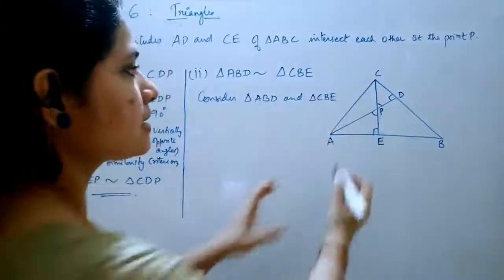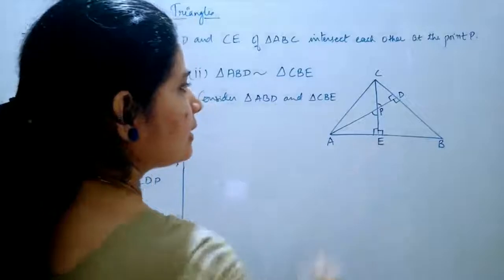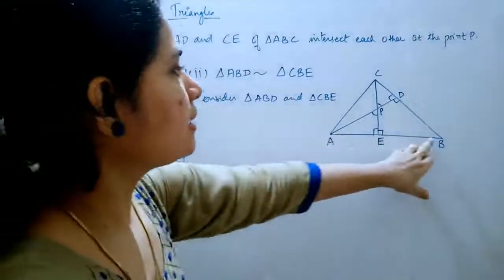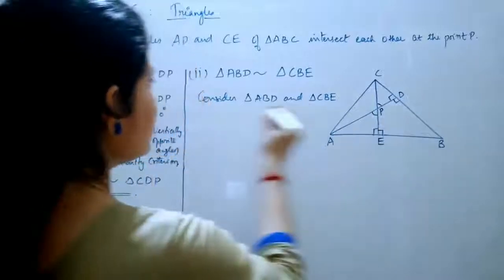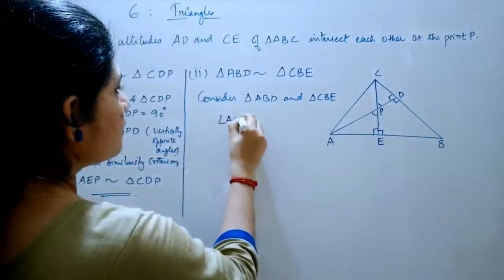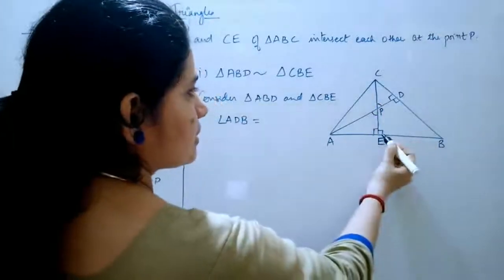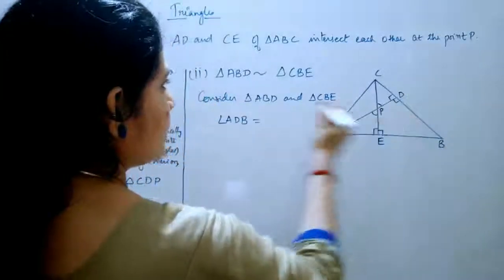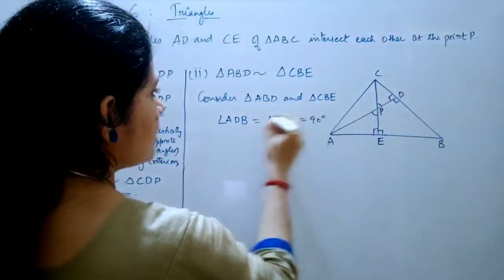Here you will get one pair as this will also be 90. That means in this triangle ABD you can get angle ADB is equal to, from this triangle you will get this, that means angle CEB, both to be 90 degrees.